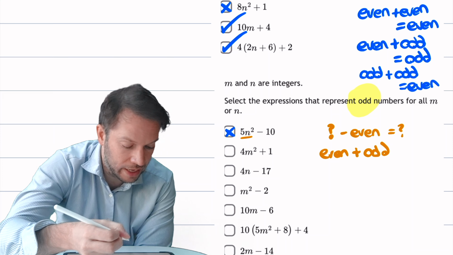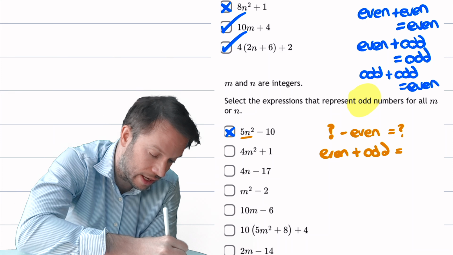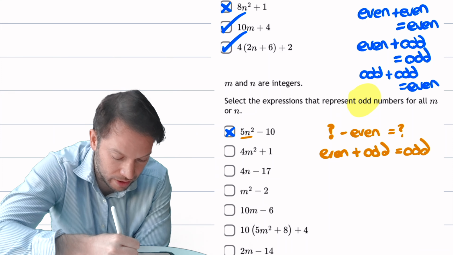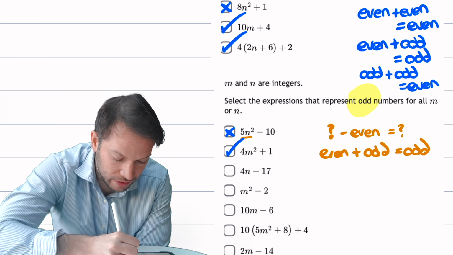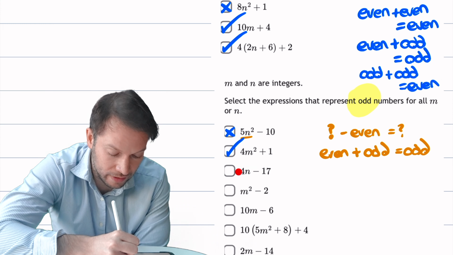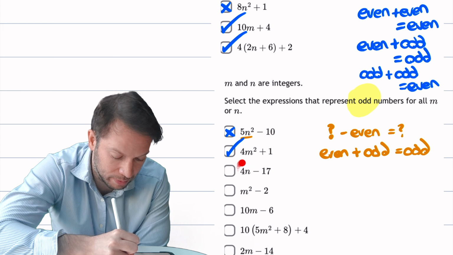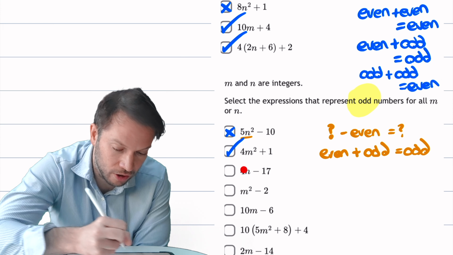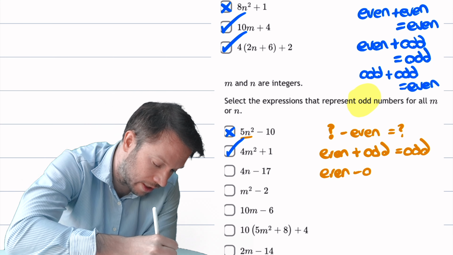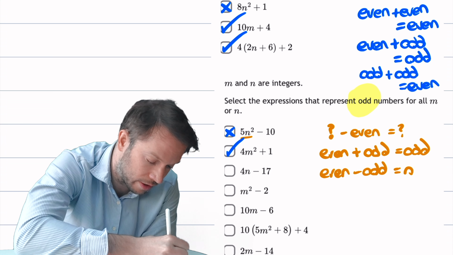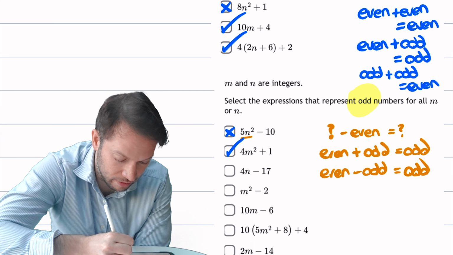And we saw earlier that even plus odd is odd, so that one can be guaranteed to be an odd number. The next one, this is 4 times something. That 4 has a factor of 2, so that's guaranteed to be even. And even minus odd, we know is going to be odd. So that one is okay. It's guaranteed to be odd.